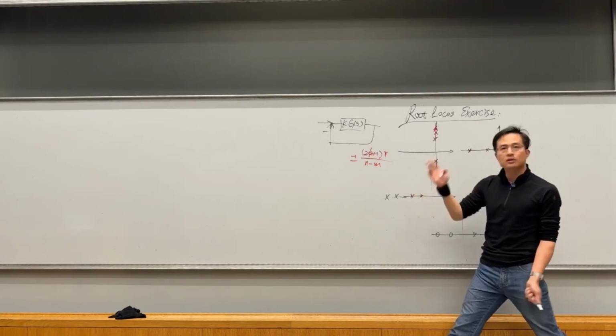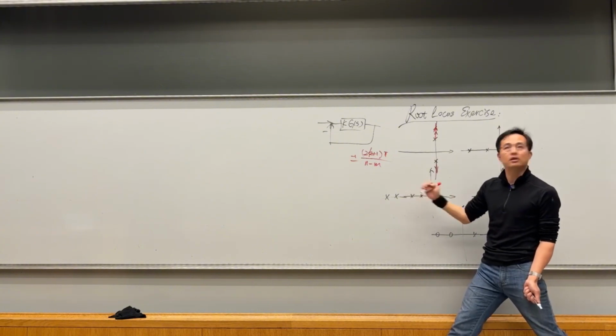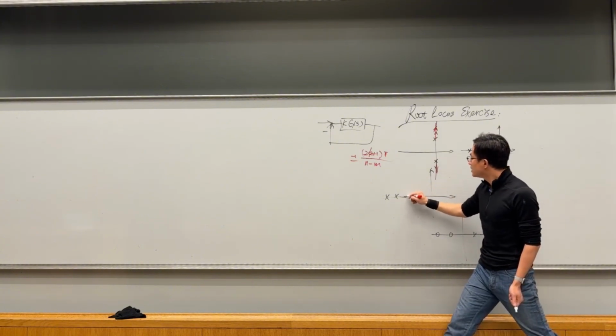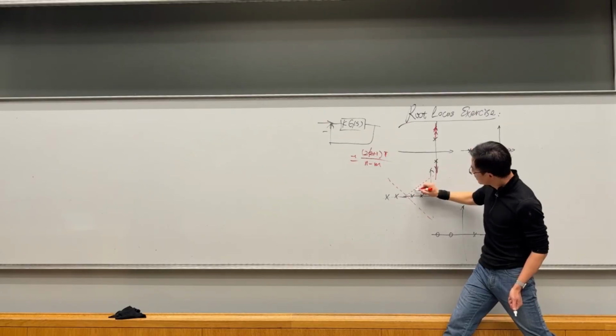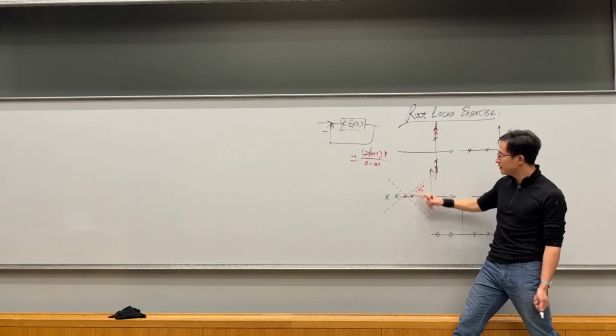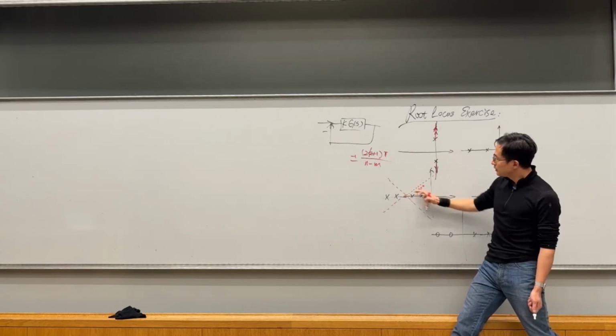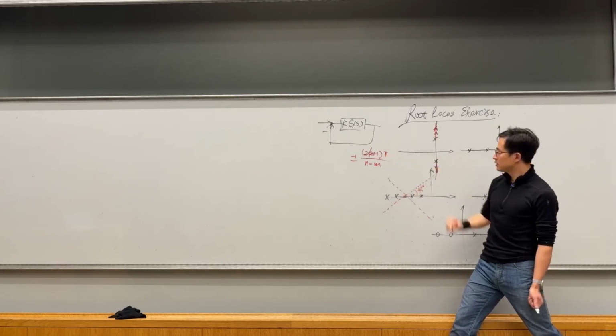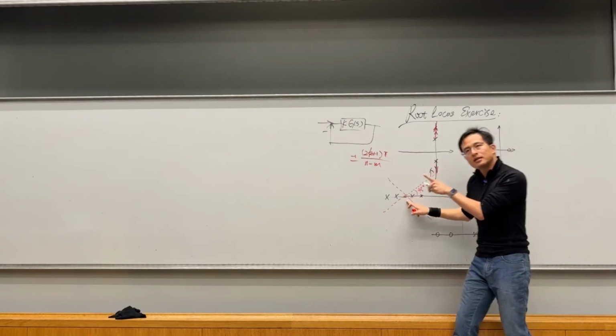So 180 divided by 2 is 90, divided by 2 is 45. So it's going to have something like this, that's the asymptotes. This is 45 degrees. And then there's going to be a negative 45, and then a 45 plus 90 degrees. Just follow this formula. And then the second thing, yes?